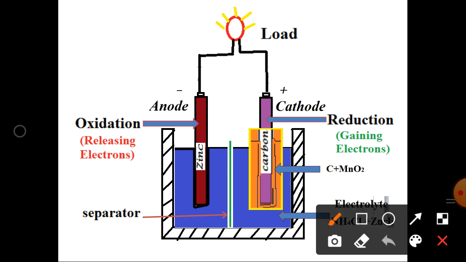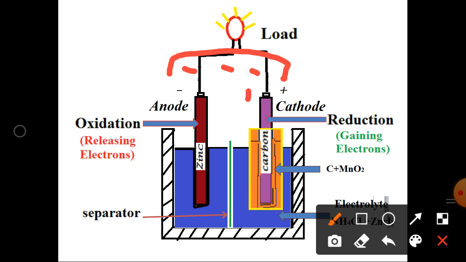Whenever we connect the load, oxidation occurs at the zinc metal and reduction occurs at the carbon metal, so the excess electrons from the anode start flowing from anode to cathode. That movement of electrons from anode to cathode is nothing but current flow.